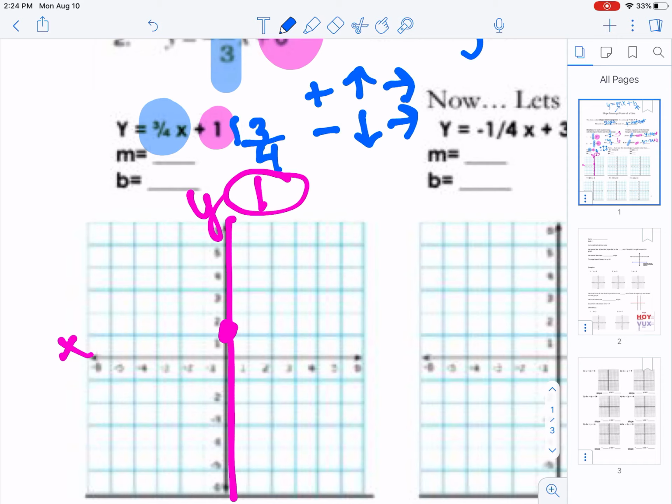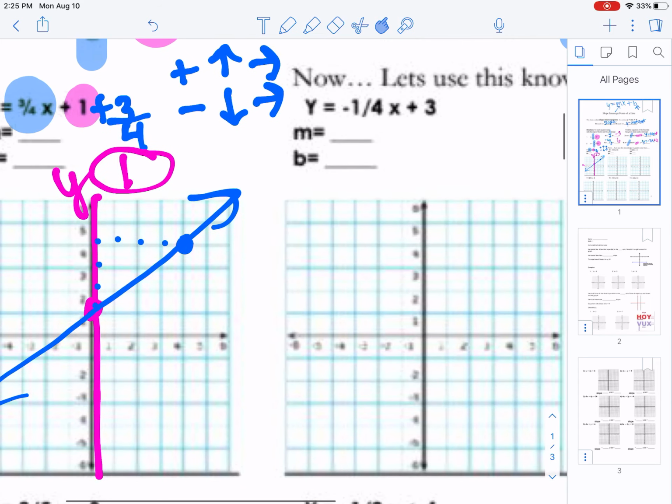So since it's a +3/4, I'm going to go up that many by the top number. So up 3, 1, 2, 3, and then over 4, 1, 2, 3, 4. Okay, and quick check, we want a positive slope. Is my line tilting in the positive direction? Yes, that's how you know you did it right.